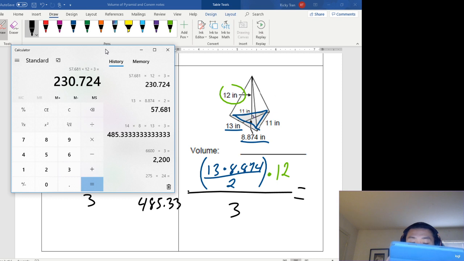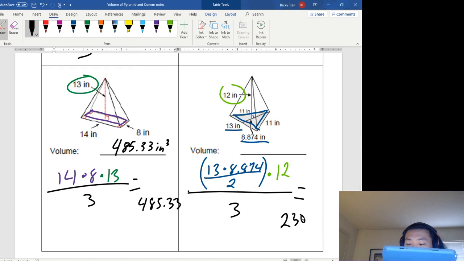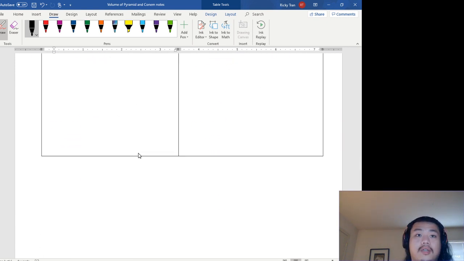So 230.72. The 4 keeps it at a 72. So 230.72 inches cubed. All right.